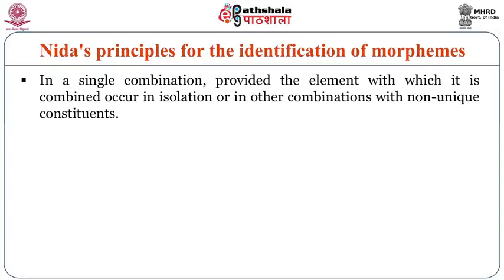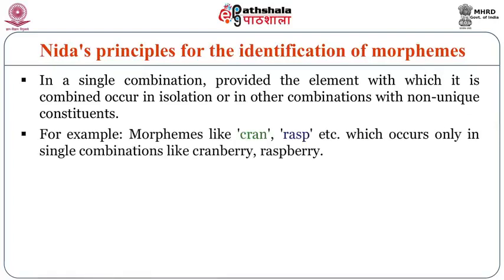Third, in a single combination, provided the element with which it is combined occurs in isolation or in other combinations with non-unique constituents. For example, morphemes like cran, rasp, etc. they come with berry, but occur only in single combinations like cranberry, raspberry.